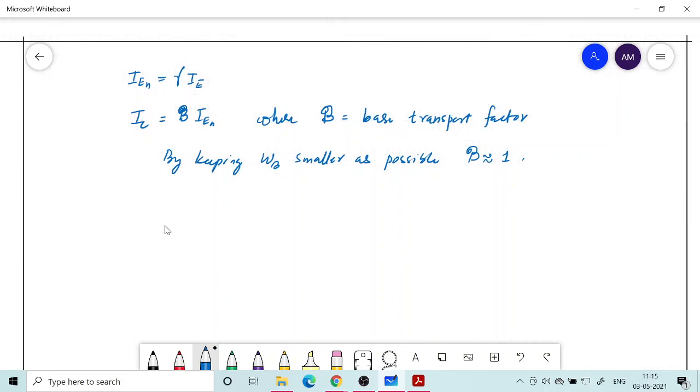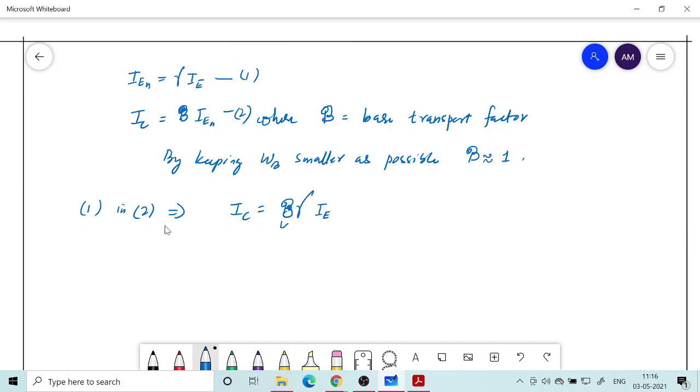if I substitute this IEN expression, so this is 1 and this is 2. 1 is showing emitter injection efficiency, and 2 is showing the base transport factor, and putting 1 in 2 will give me IC is equal to B into gamma into IE.